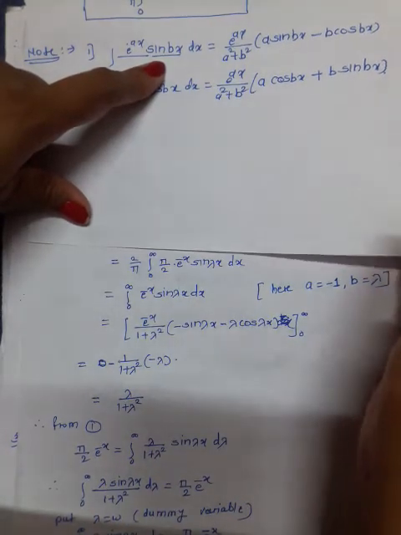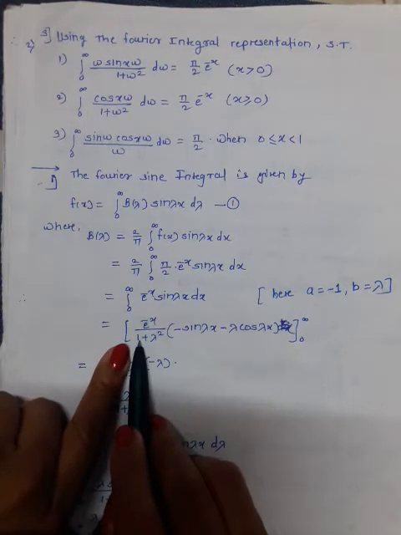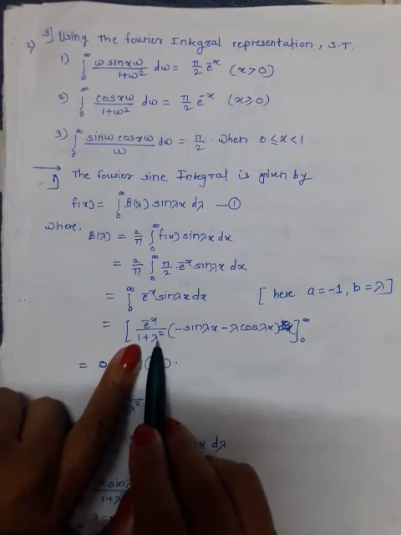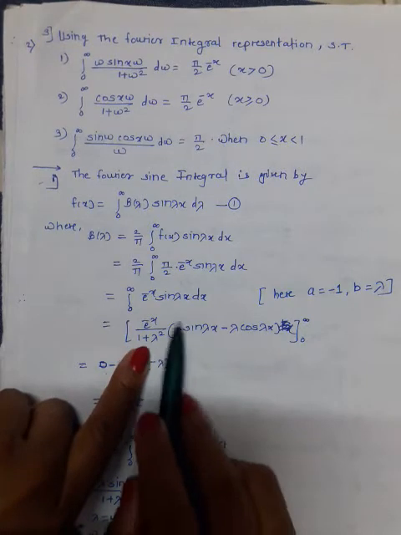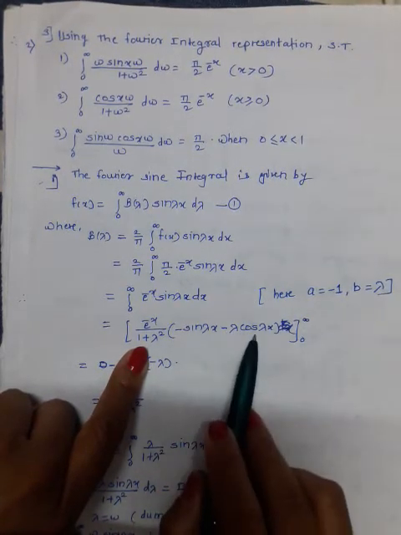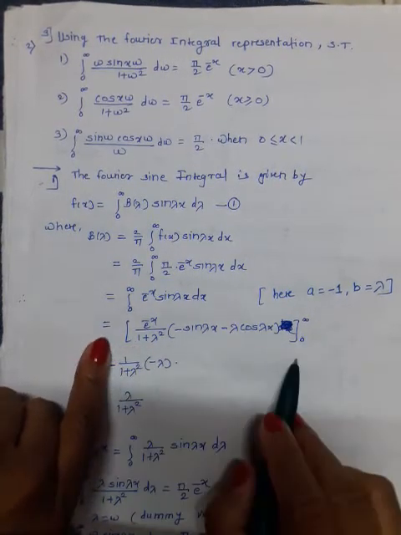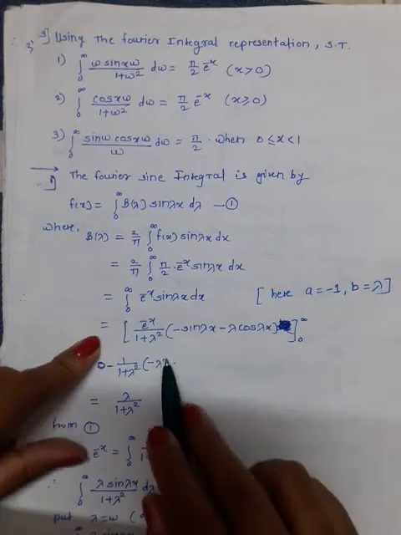Now use this formula here. What we get: e raised to minus x upon minus 1 square, that is 1, plus b square, lambda square, into bracket a sin lambda x minus b, that is lambda cos lambda x, integration 0 to infinity.